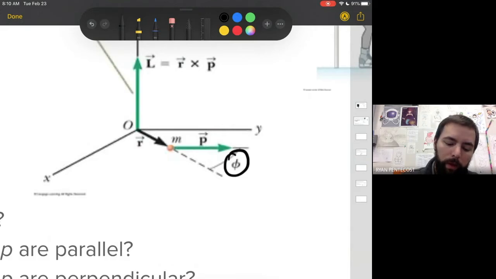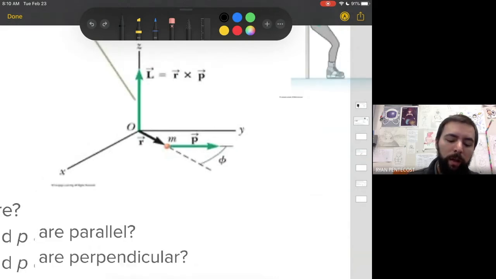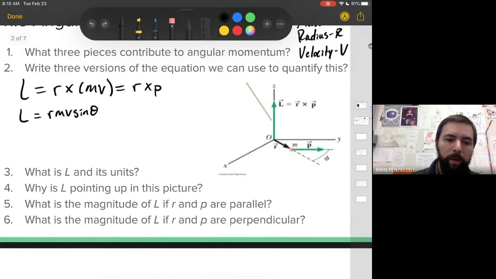Very similar to the concept with work and torque. With work, your cosine there is the angle between the force and the radius vector. With torque, your sine theta there, that is the angle between the force and the radius vector. Here, the angle between the radius and the momentum vector, that is the theta that you would use for that.